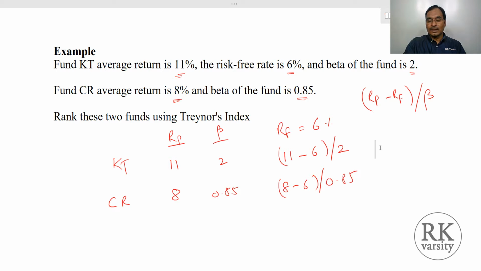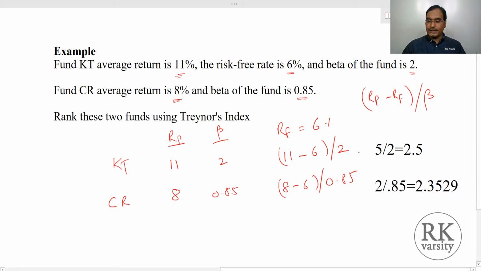Now 11 minus 6 is 5, and 5 upon 2 is 2.5, which is the Treynor index, whereas 8 minus 6 is 2, upon 0.85, which gives 2.35. So the Treynor index for KT is 2.5 and for CR is 2.35.